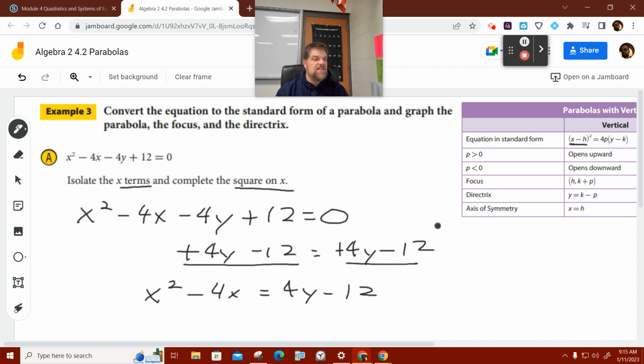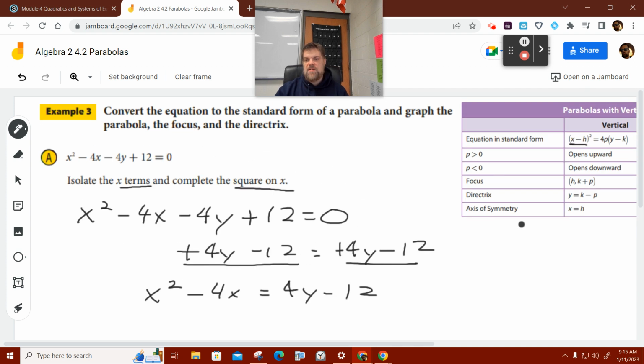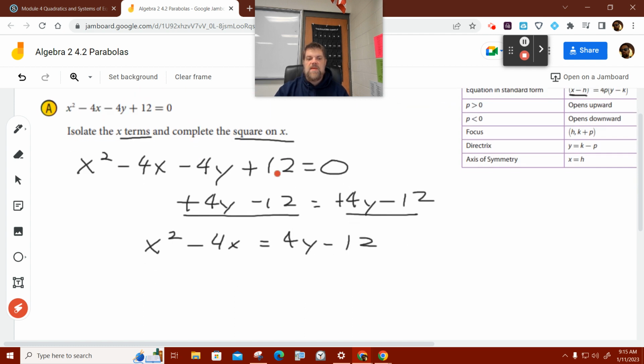Now, they said we need to complete the square, right? The reason we need to complete the square is we want the left-hand side of the equal sign to look like this. So if I can make it look like this, this should kind of fall into place. So to make it look like that, I'm going to complete the square, and then it'll eventually look like this up here.